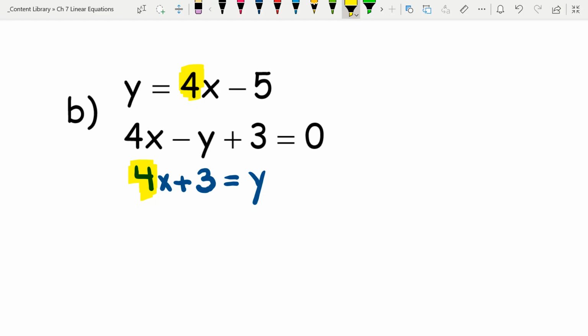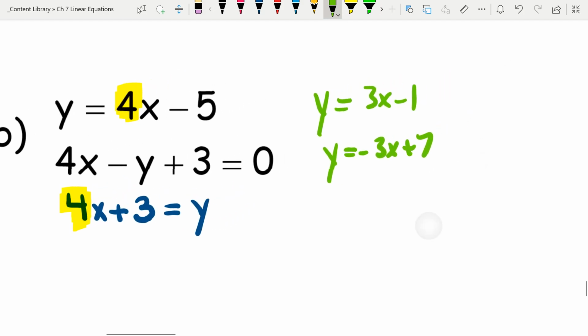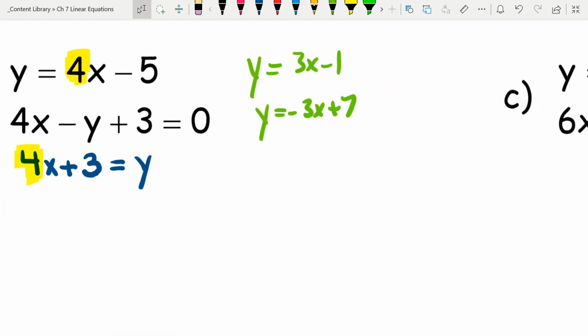If, guys, let's just pretend, don't write this down, but let's pretend I had y equals 3x minus 1, and once you rearranged everything and you had y equals negative 3x plus 7. What would you guys tell me those were? Neither. Okay, good. Sometimes I have students say that that's perpendicular. Okay, is it very clear it's not perpendicular?